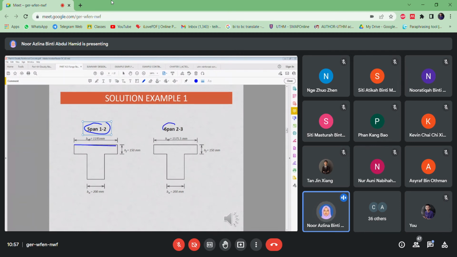And then span for 2 to 3, dia punya B effective a bit bigger, more bigger because of different spans. Okay, so it becomes 1575.5. So both of these is the T sections at the same beam, grid lines, which is beam B, but what is different is the B effective.